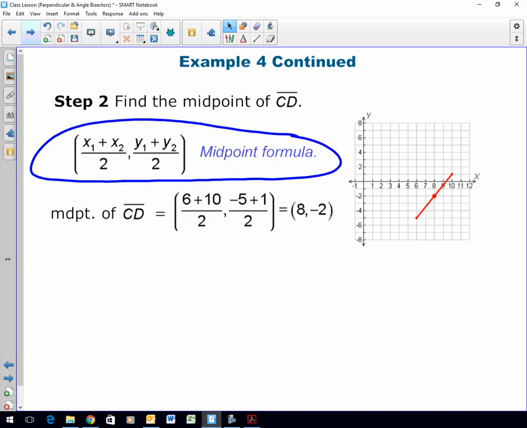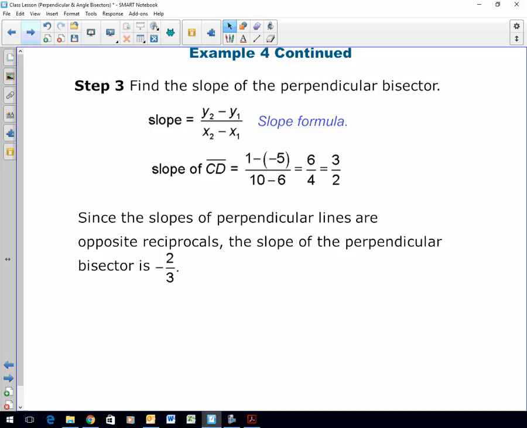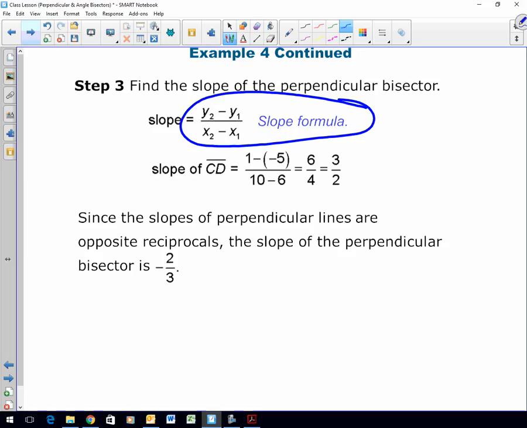Then there is the second part. Remember, we find the midpoint, and then we find the slope. So once again, make sure in your notes you have the slope formula: the change in y, y2 minus y1, divided by the change in x, x2 minus x1.